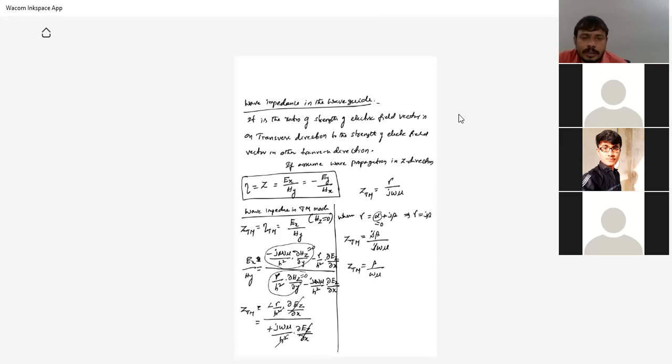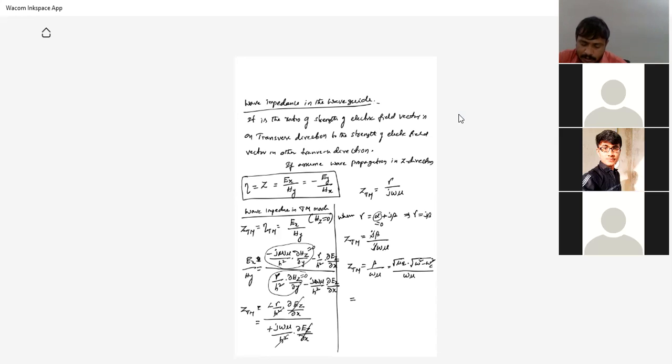Please remember what I told at the beginning: beta is equal to root mu epsilon into root omega square minus omega c square, by omega mu. Now we have to simplify this equation.